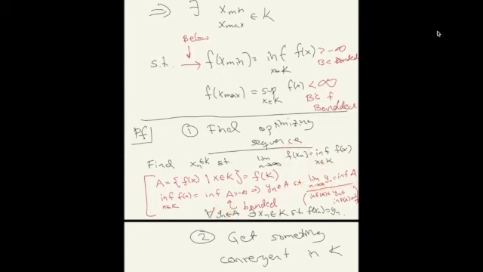Now, if you were writing this, all of this stuff you do not need to write, but you should be aware that there is an argument like this, and you should know how to do this argument. Because while here I would allow you to say that by properties of the infimum, there exists such a sequence, you should know why it is true and what it is based on.